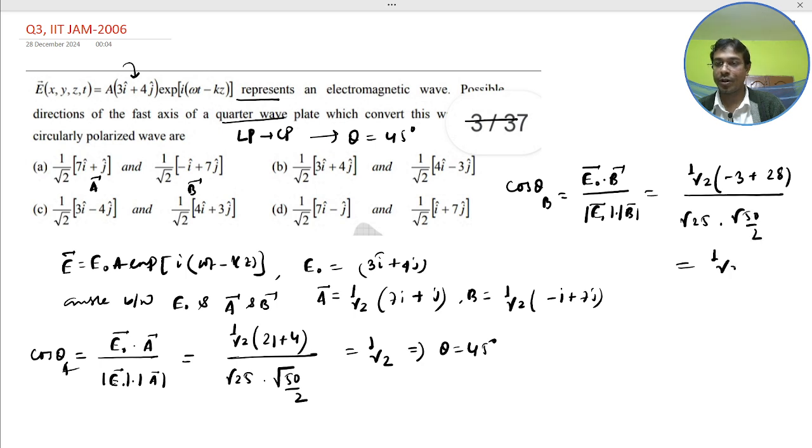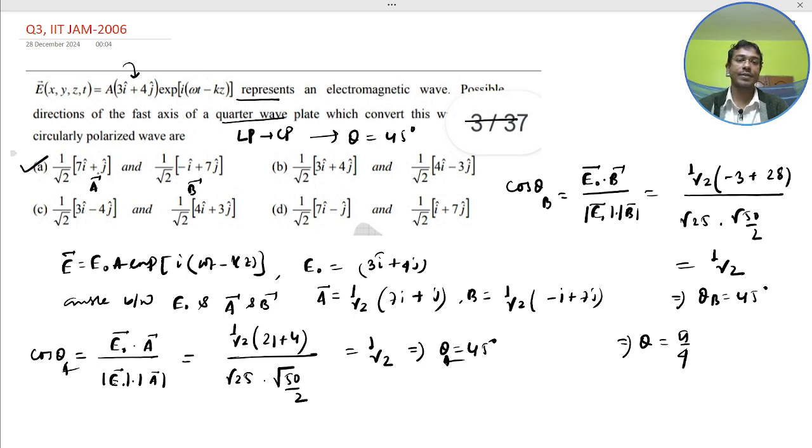So this would become 1 by root 2, that implies theta B is equal to 45 degree. So theta here is pi by 4, that means A would be your correct answer. You just check all the options.